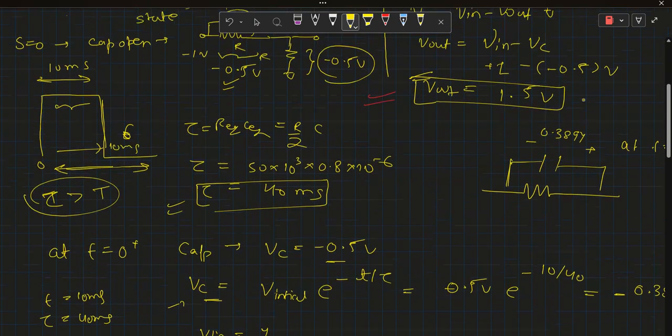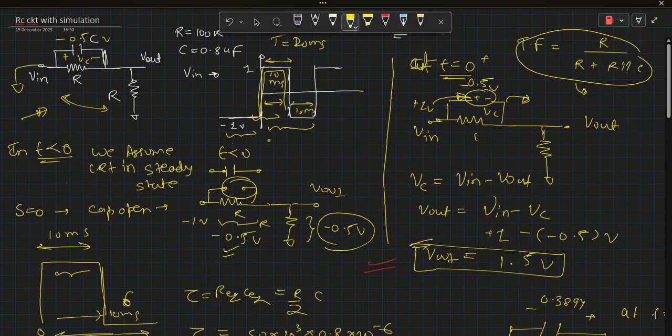But the input we have is a high frequency input.